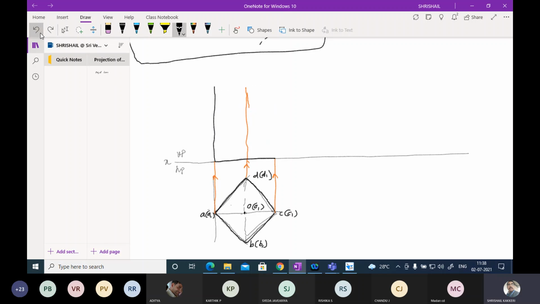Okay, this height is equal to 60 mm. 60, no? This height is equal to 60 mm. And this will be a square. This dimension will be square 35 mm.